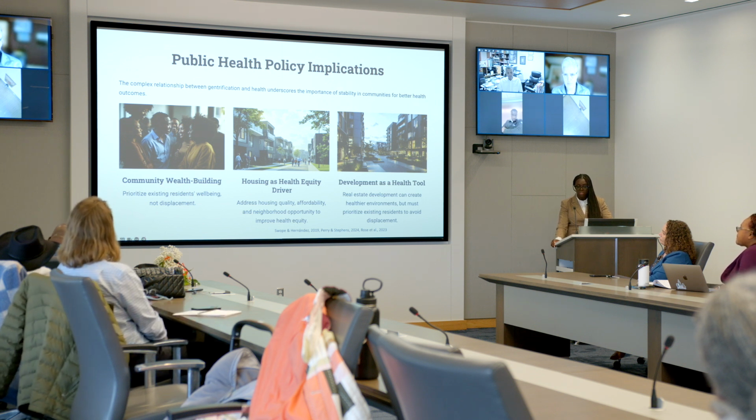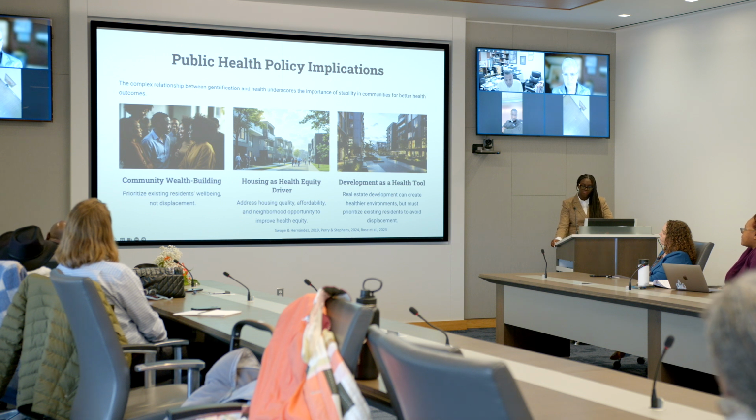Housing is health equity, whether that's the quality of housing, the affordability of housing, and access to neighborhood opportunities, and it must be viewed as a fundamental public health issue. Addressing these disparities can significantly improve racial mortality disparities and health equity across racial and socioeconomic lines.